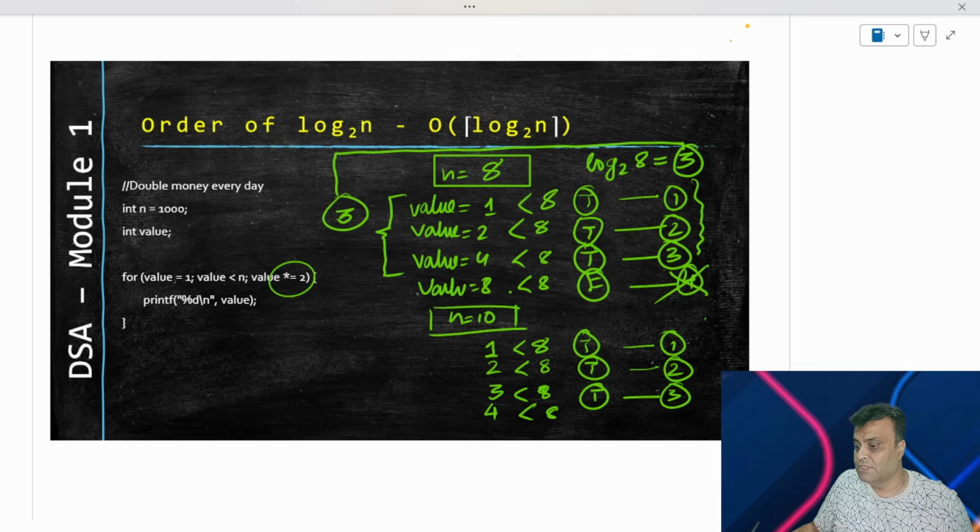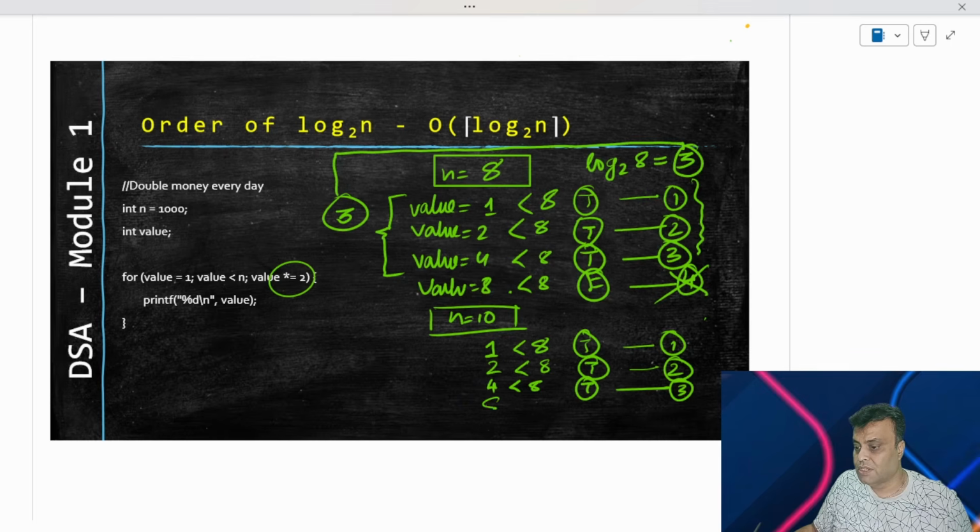This time it is 4 less than 8. This is also true. It will run 4 times. And the fifth time it will be 8 less than 8. Here I wrote 3 less than 8, which should not be there. So we should say 4 less than 8. This is true.